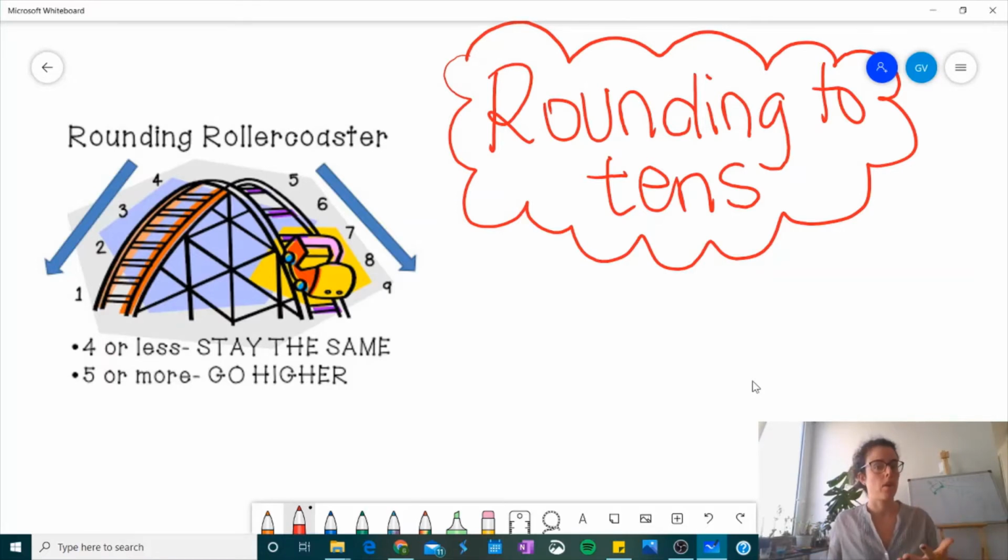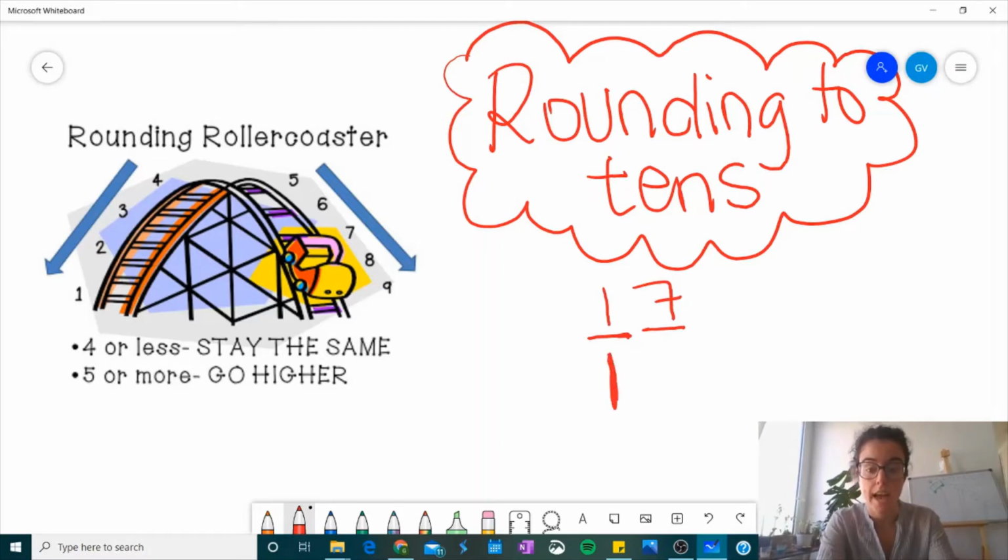Now, remember that when we have numbers, those numbers have different places. So in year 1, we have learned about numbers like, for example, 17. 17 is made up of 1 ten and 7 ones.